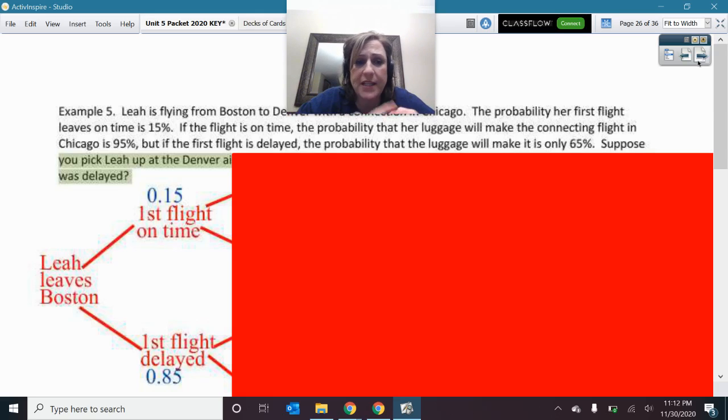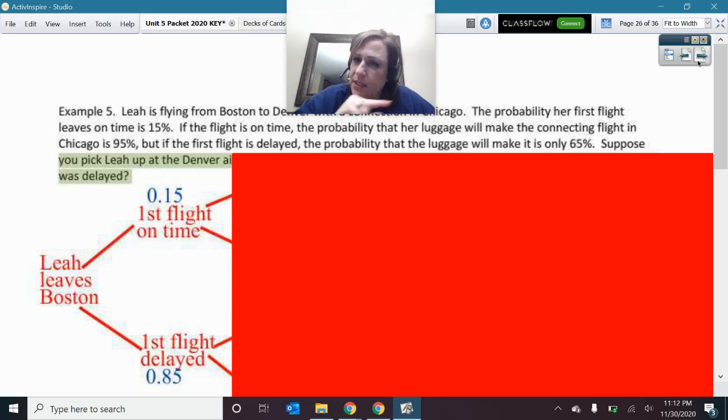What happened was when I started reading this, I was like, oh, if the first flight's on time, then there's these conditional probabilities. If the first flight is delayed, then there are these probabilities. So if you have several conditional probabilities, that's when your brain should say, ooh, I should probably organize this as a tree diagram.